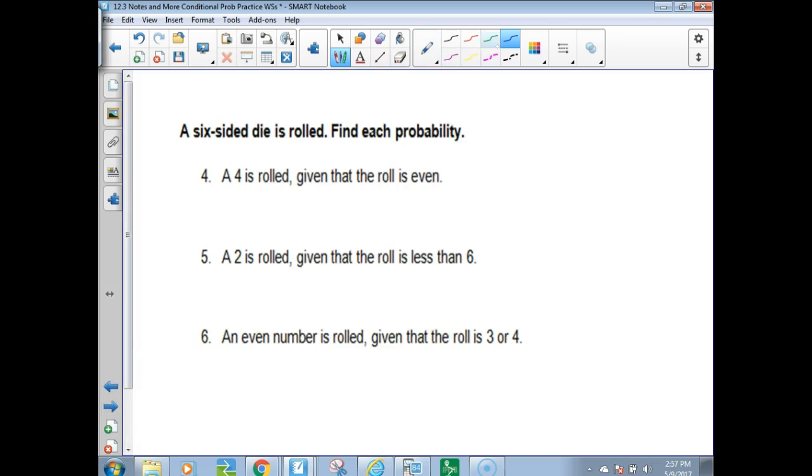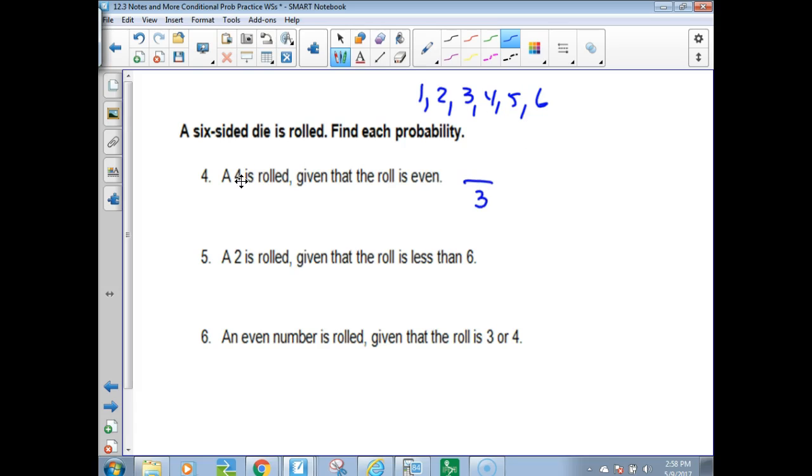The next part is about a die, and we should know that the numbers on a die are 1, 2, 3, 4, 5, or 6. There are only 6 faces because it's a cube. What's the probability a 4 is rolled, given that the roll is even? First, how many numbers are even? 3: 2, 4, and 6.